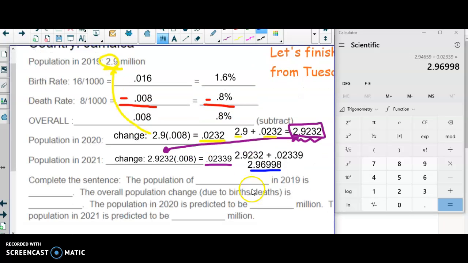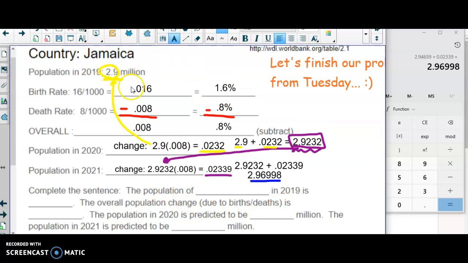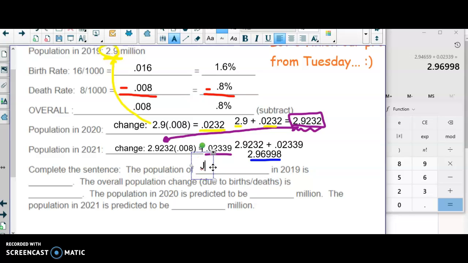Okay? So let's finish our sentence. Let's write our story problem from what we just wrote down. The population of, well, what are we doing the population of? Jamaica, right here. So the population of Jamaica in 2019 is 2.9 million. The overall population change due to the births and deaths is, let's see, the change in percent, we say 0.8%.